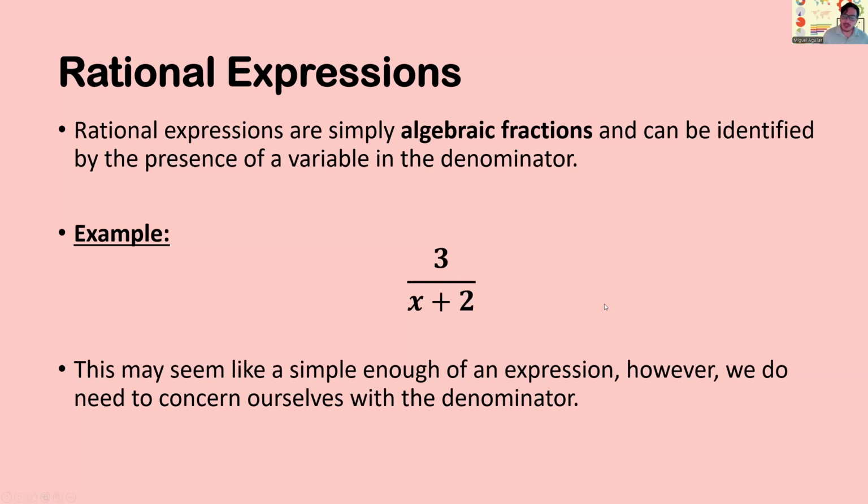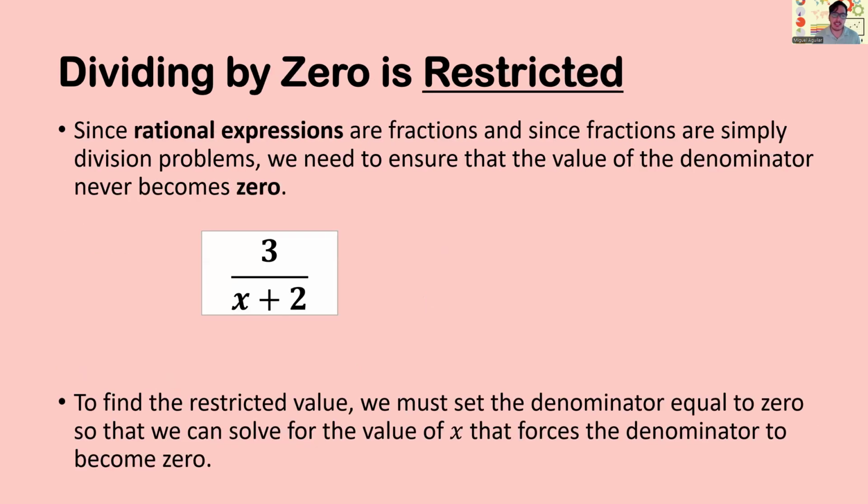So we want to really be concerned with the denominator of these rational functions, whatever they happen to be, right? We want to have a systematic way that we can apply every single time, a method of finding every restricted value, okay? And that process is basically just by setting the denominator equal to 0. So if I just look at this rational expression, I don't care about the numerator here because the numerator can be anything. I'm only concerned with the denominator because I can't divide by 0.